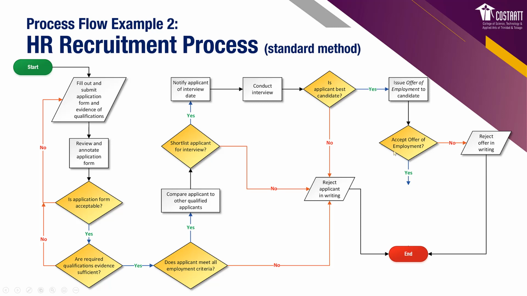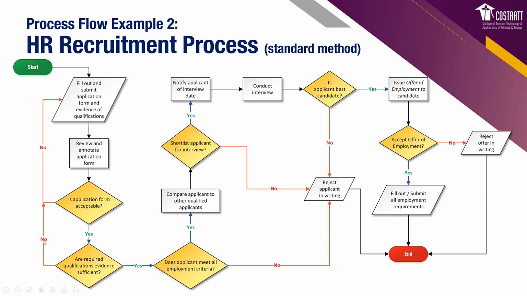However, if the answer is yes, and the guy is going to accept the offer, we move on to the final step, which is to fill out and submit all of the employment requirements. Now, these may be things that may not have been included in the application form. For example, the person's NIS information, the person's bank account information, so that salary can go into the person's bank account. Things like that.